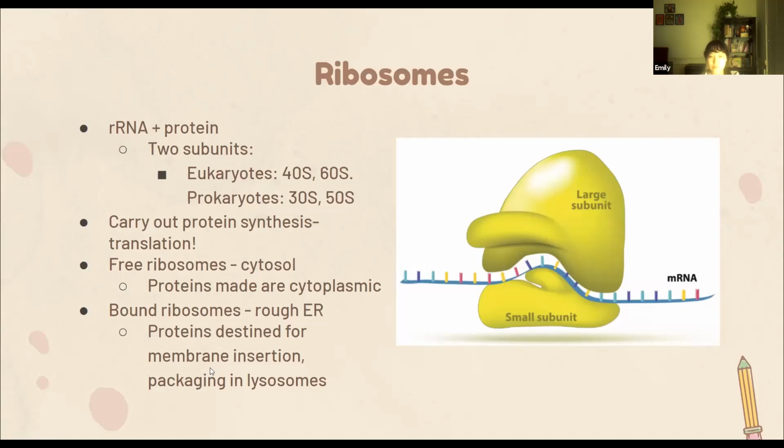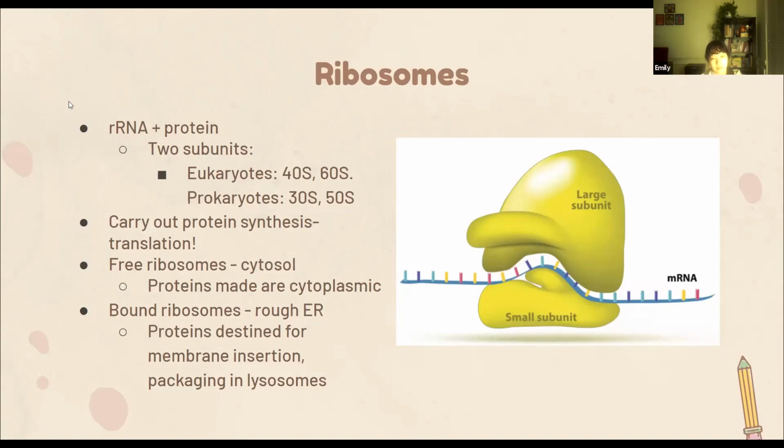There are two main kinds of ribosomes. Only the first kind is found in prokaryotes because, again, they don't have any organelles, and the rough ER is an organelle we'll look at later. Free ribosomes travel in the cytosol, and usually the proteins they make are cytoplasmic, so they also travel in the cytosol.